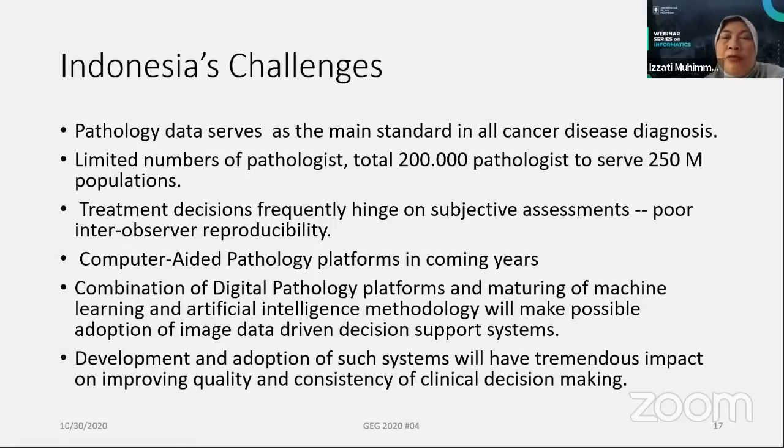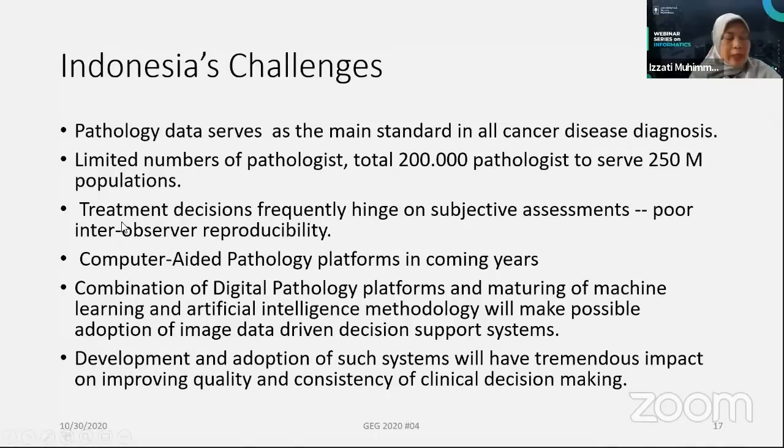My friend's wife has cancer, and he told me that the wait for the diagnosis is about 10 days because of a long queue in processing the data. That's still a problem, a challenge that happens in Indonesia.